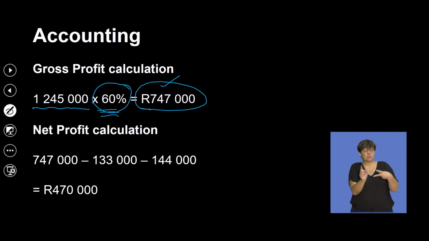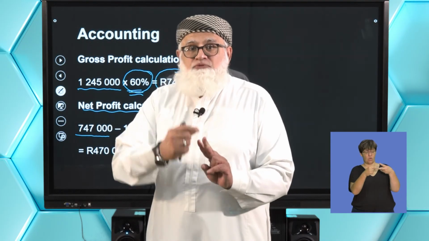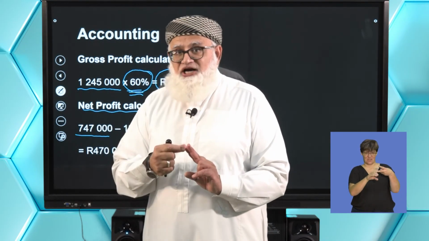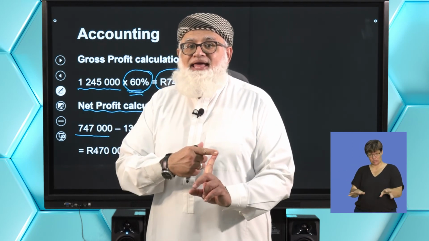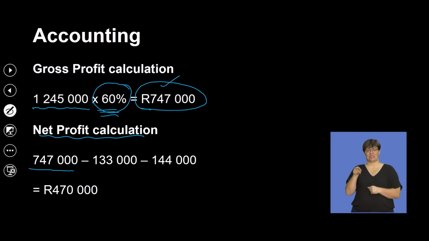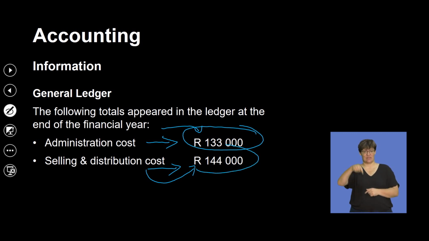Okay, what do we do with the gross profit now? Very interesting. In order to do the net profit calculation, you take your gross profit minus the two cost components that were not dealt with in production. What were they? Selling and distribution and your admin cost. And yes, you were given that information. There's my admin cost of 133,000. There's my selling and distribution of 144,000.